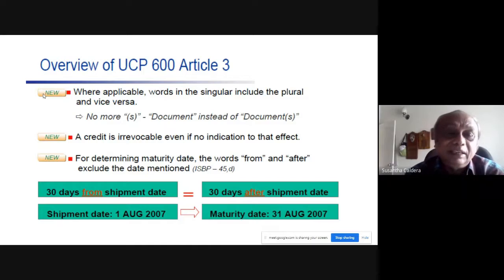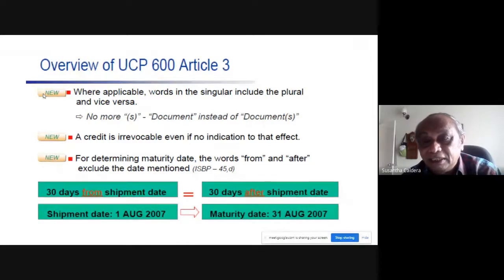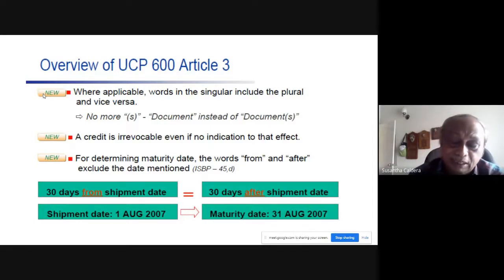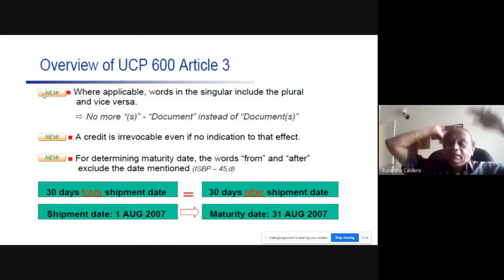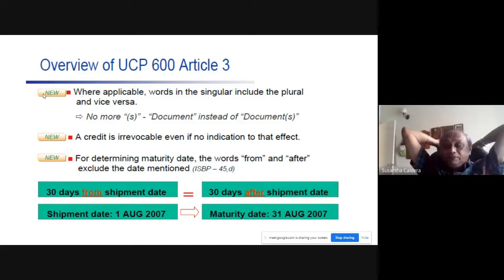For the calculation, we exclude the date mentioned. The date mentioned is 1st August. Shipment date is 1st August. We exclude that and count 30 days on the fingers. So the maturity date will be 31st August 2007.